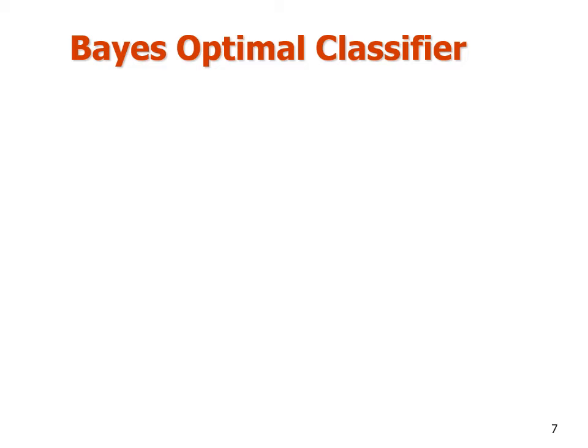So let us proceed further to look at one of the most interesting and important concepts under Bayes learning, and that is the Bayes optimal classifier. So far, we have considered the question: what is the most probable hypothesis given the training data?